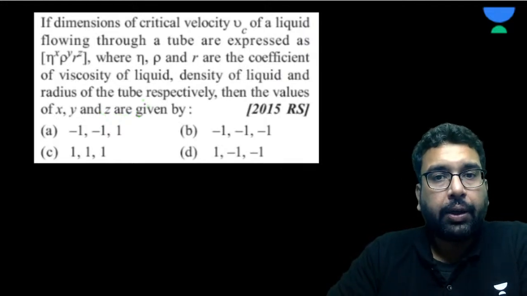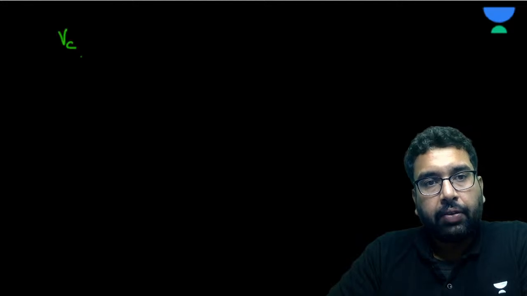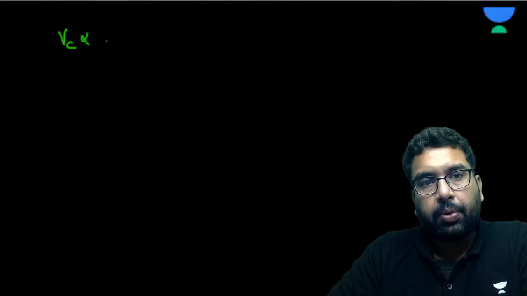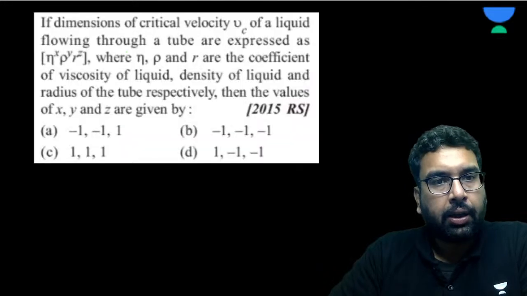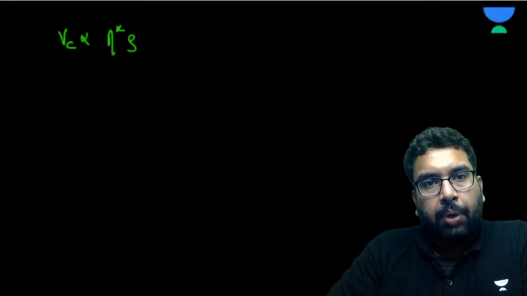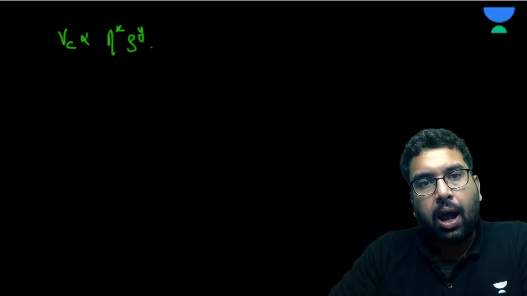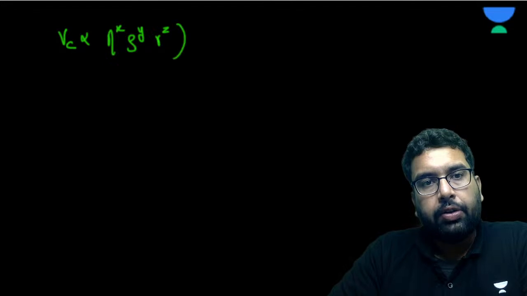So again, how we can do it? So see, it says that the velocity is proportional to eta to the power x, rho to the power y, and r to the power z.